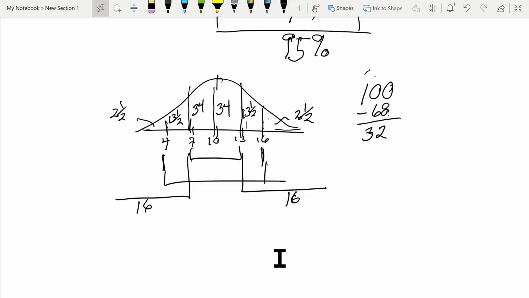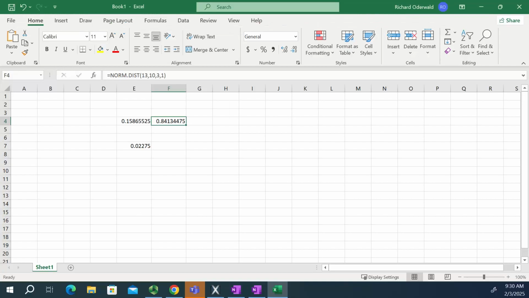So I have each of these pieces below 13. If I add 34 to 34, 68, and then we toss in the 16, it becomes 84%, which is what we got with the Excel function, 84%.